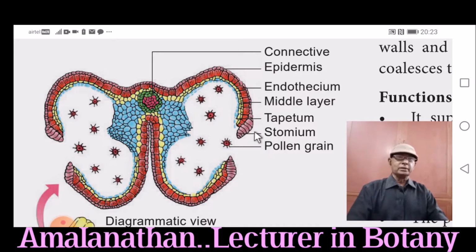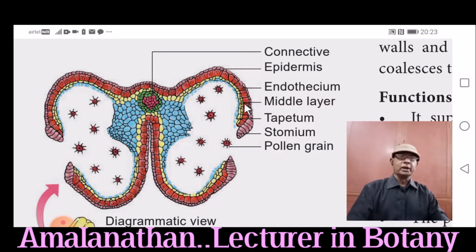This part is the stomium. Stomium consists of thin-walled cells. Dehiscence of anther takes place at the stomium at maturity. So after maturity, the anther splits open only at the point of stomium because the stomium contains thin-walled cells, and bursts open and liberates the pollen grains out. So that part is the stomium.